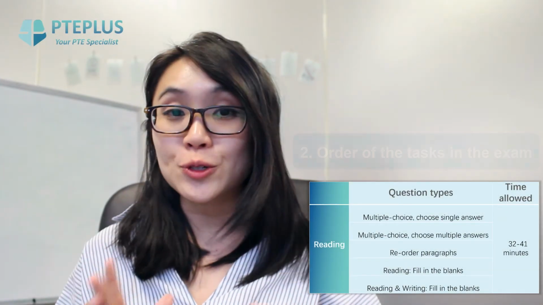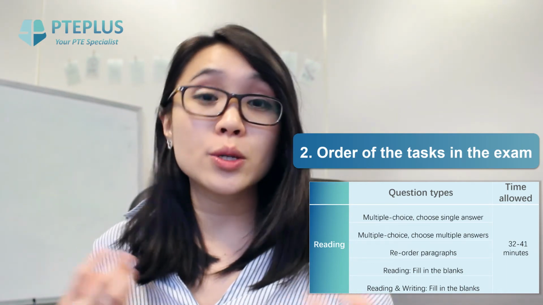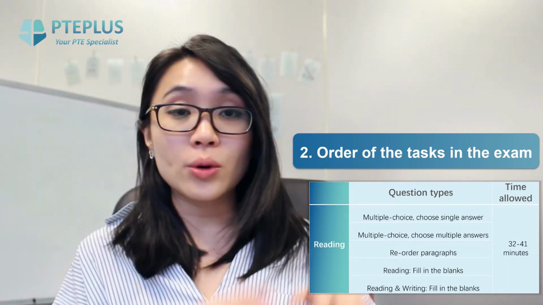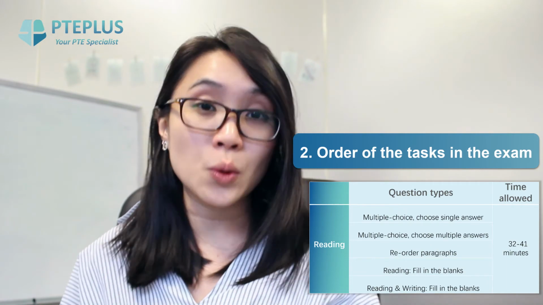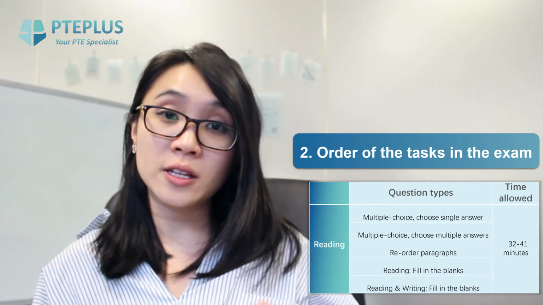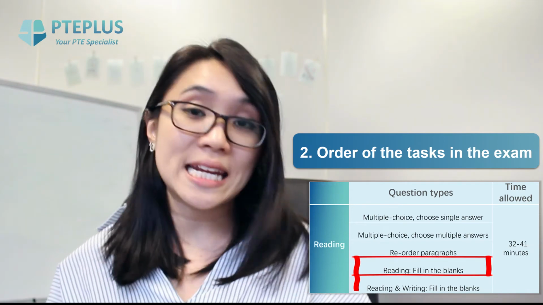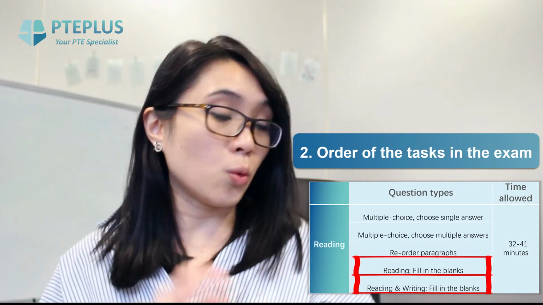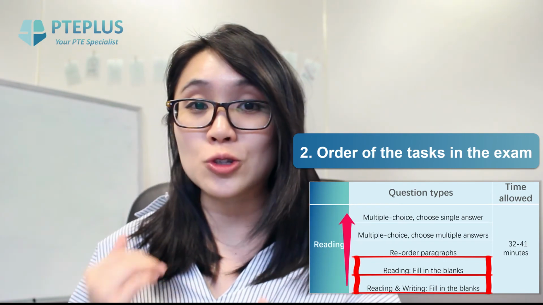And now in the official exam, you could be doing them in this order, or it's also very possible for the orders to swap around and you could be doing them in a different sequence. One of the common swaps in the order is that one of the fill-in-the-blank questions, whether it is reading fill-in-the-blanks or reading and writing fill-in-the-blanks, swaps up to become the first question type that you do.